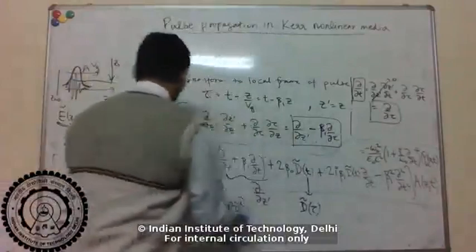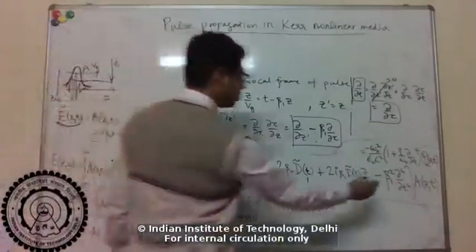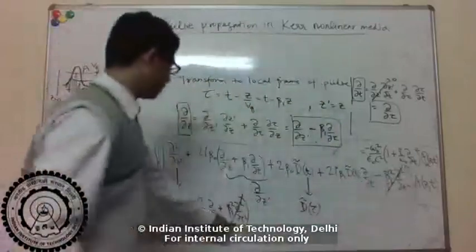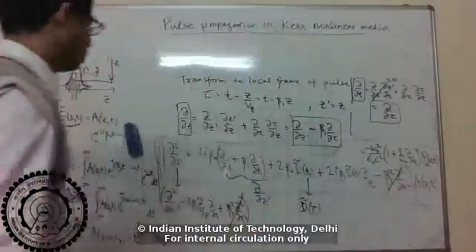Okay. So some terms will cancel, right? So this term will cancel with this term. So beta 1 squared del square by del tau minus beta 1 squared del square by del tau.